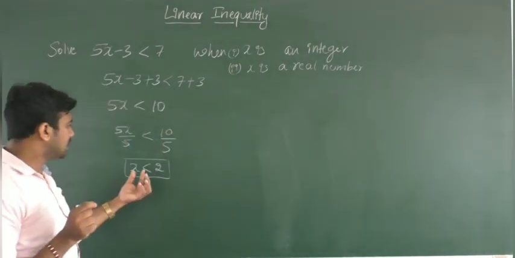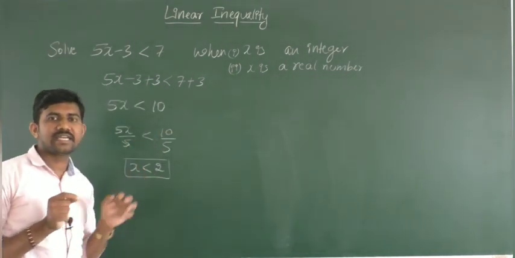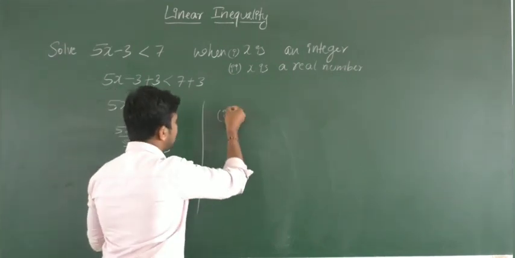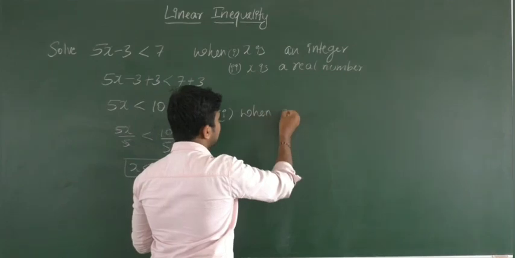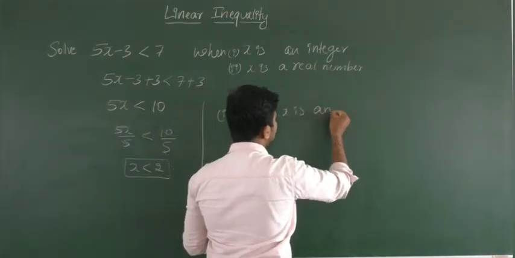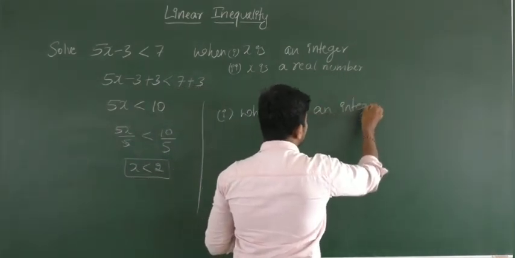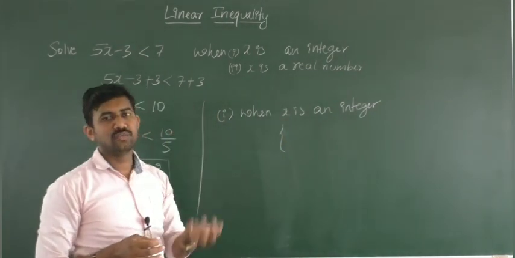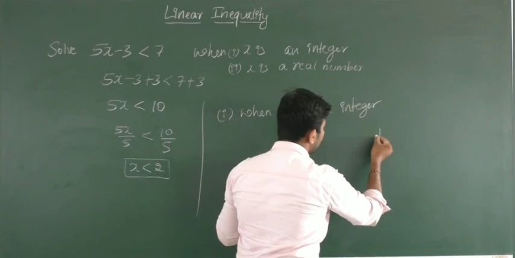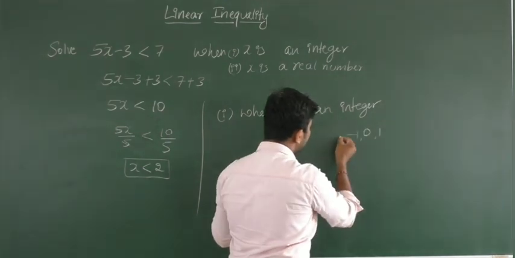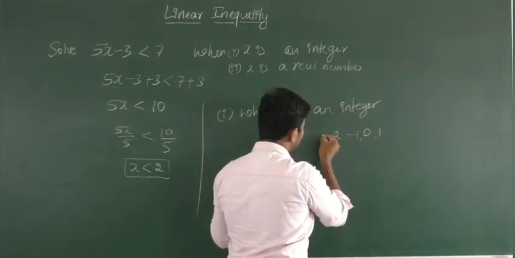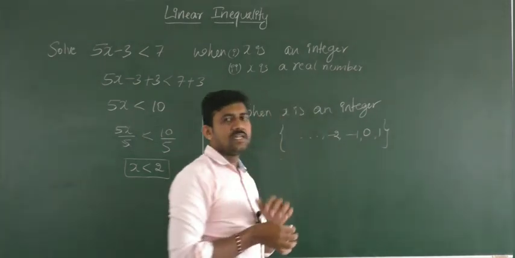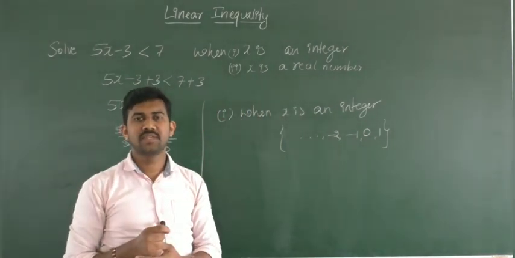When x is an integer, what are the integers less than 2 we will get? The integers less than 2 are 1, 0, -1, -2, -3 and so on, it decreases. This is the solution set we will get.